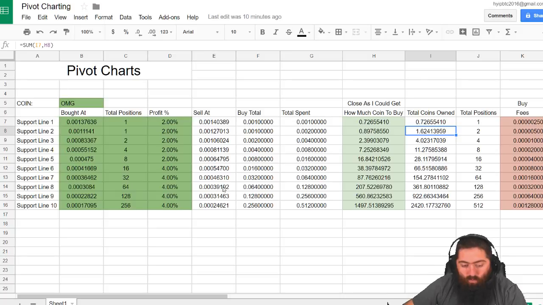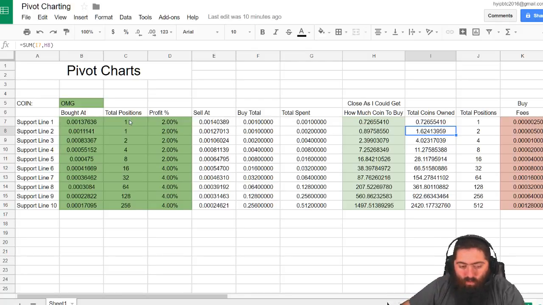So they're still left with 25% of their coins left, and then it came up here and they sold the rest. So you can work your way back up and make more profit. So you can do it, but if you're only holding one position, sell your one position and go.